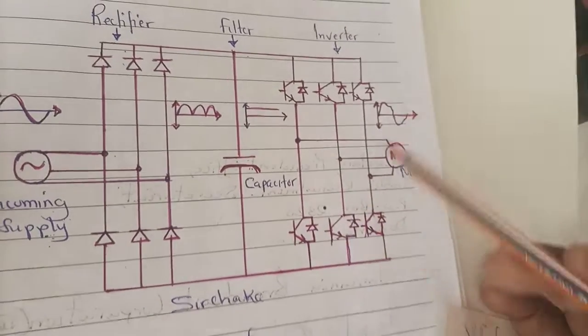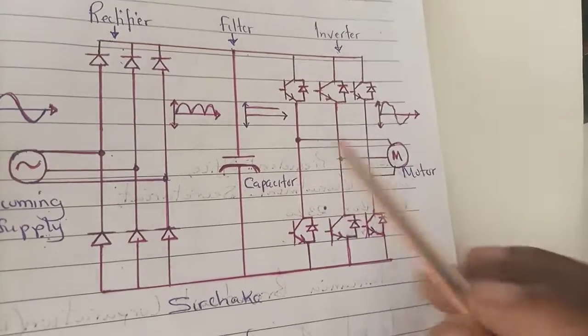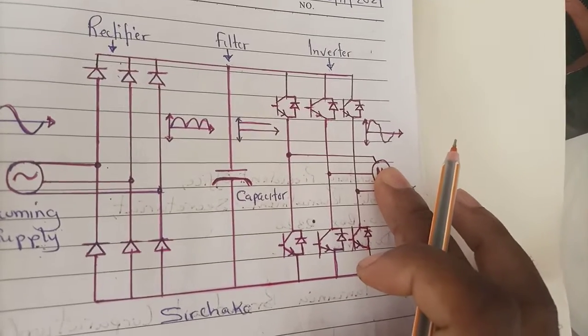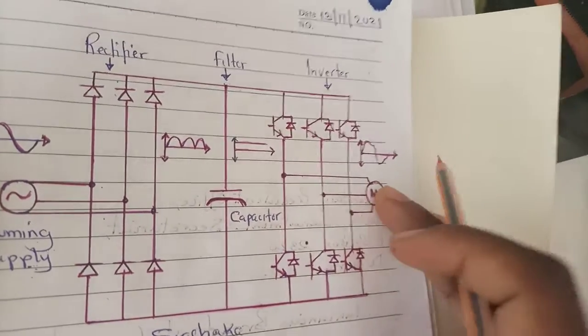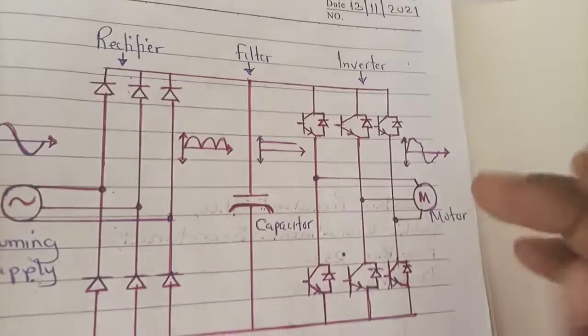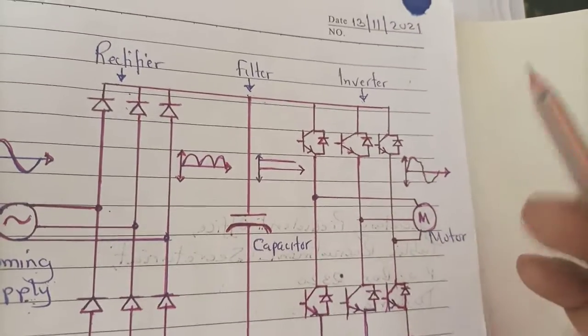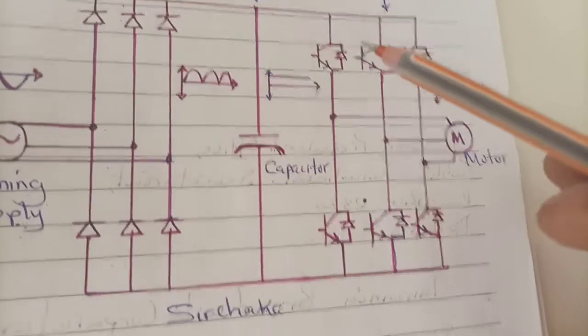This frequency drives the motor to a specific RPM, revolutions per minute. So this is how the inverter works. This is the principle of inverter working.